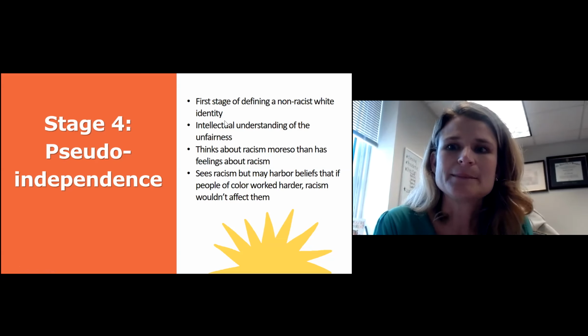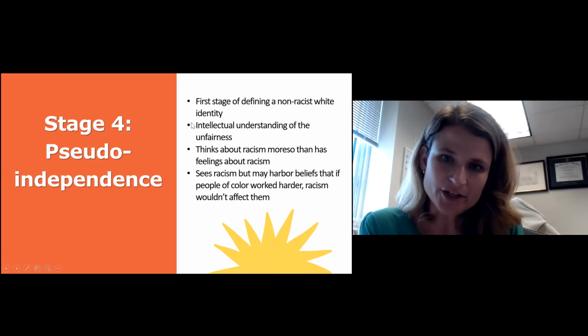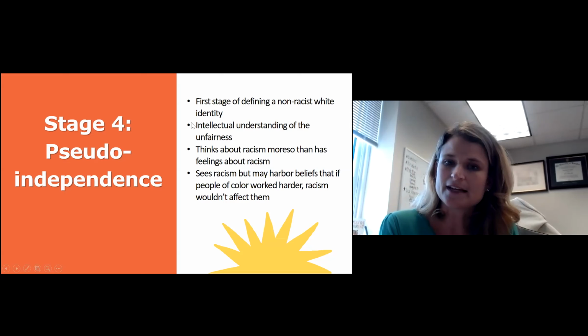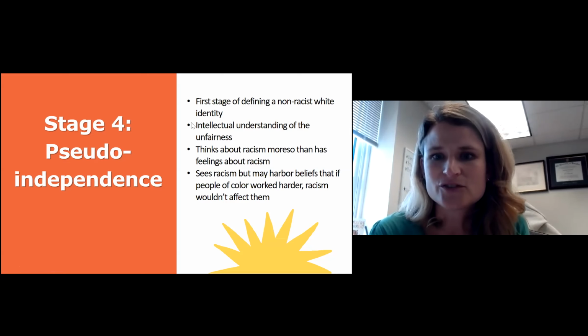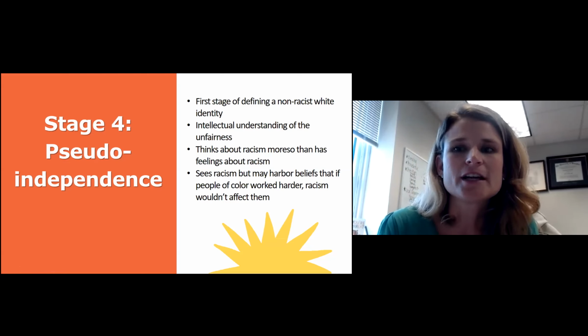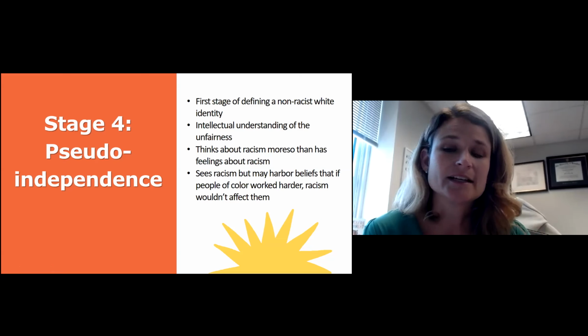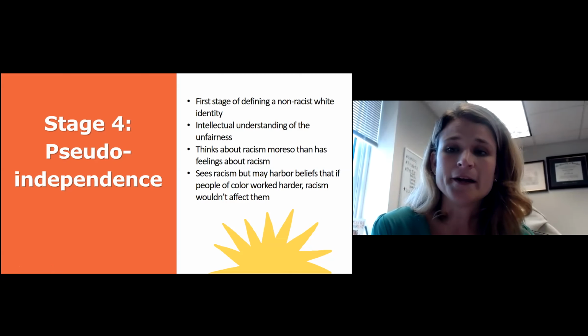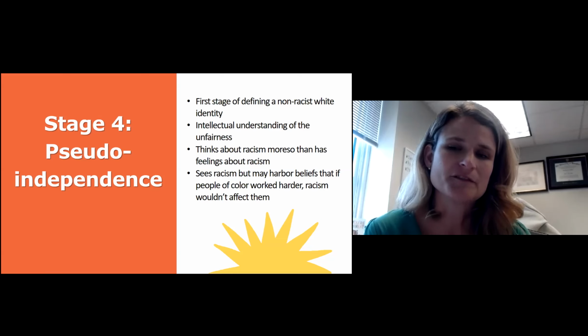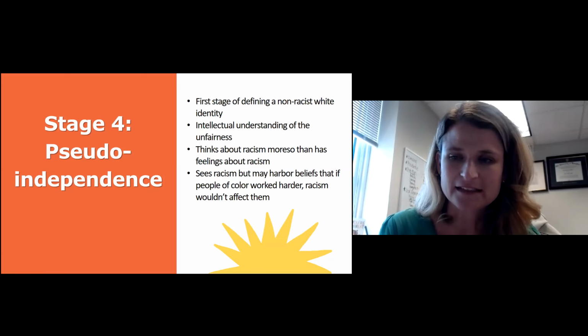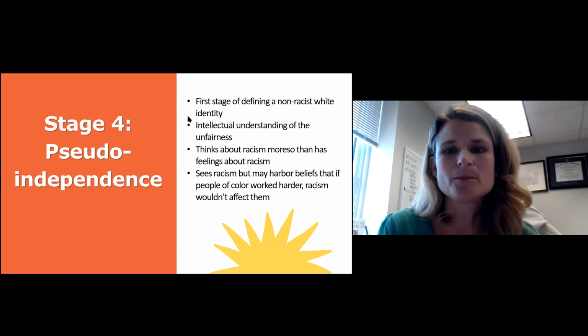So pseudo-independence: the intellectual understanding is there, the acceptance of reality and history, learning about racism, thinking about it. That's all very real, and starting to be integrated into what it means to be white. But there aren't really as many feelings. It's a little bit more abstract.